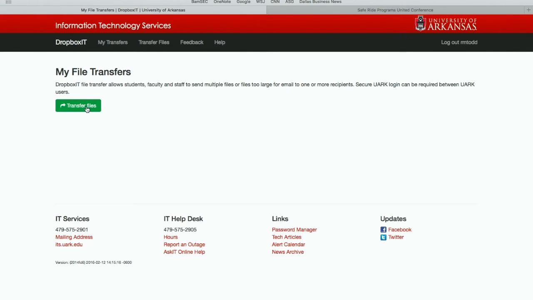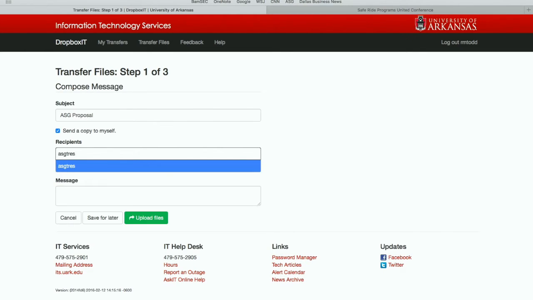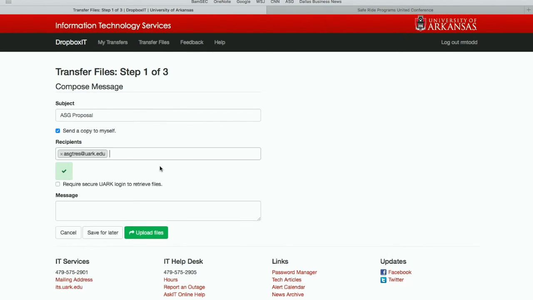So once you're in, you're going to press transfer files, subject ASG proposal, and then I want to send a copy to myself just in case, and then we're going to start typing, and we have to set the recipient to ASGTRES at uark.edu. This is very important because if you don't select ASG Trez, then it's not going to go through, and the ASG treasurer will not receive your application, and then you don't receive funding, and that's a sad day.